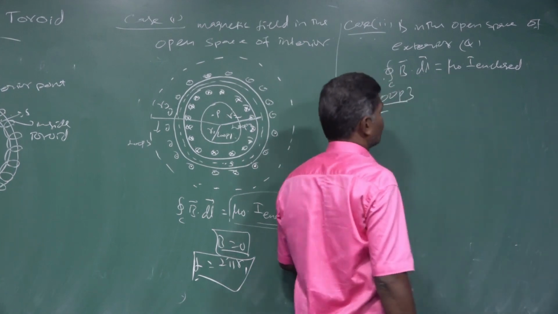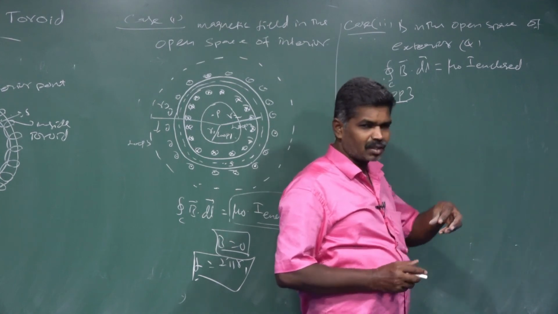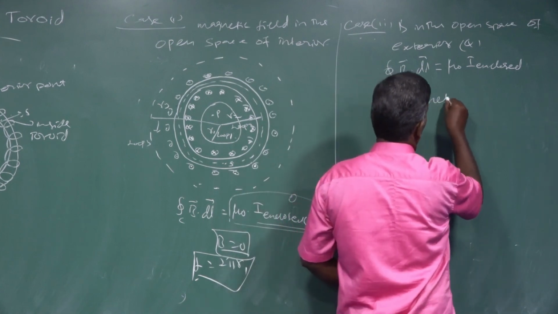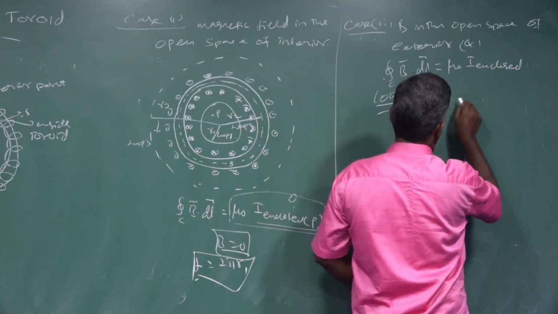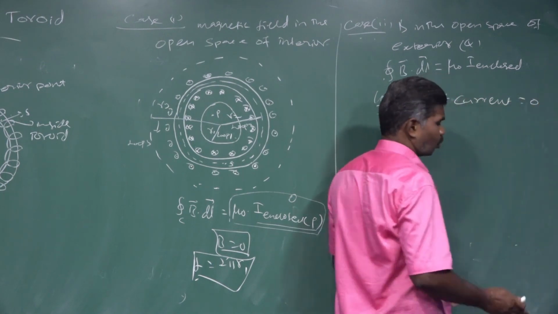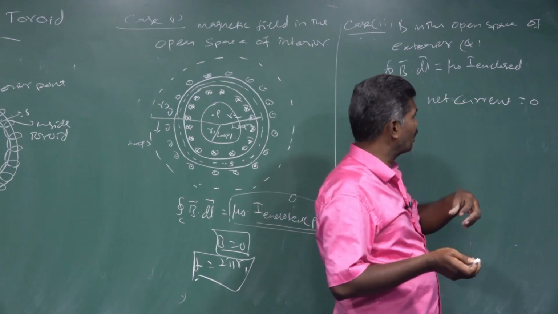There we have both currents, inward current and outward current. The net current is 0. The amount of current acting inwards is the same as the amount acting outwards.